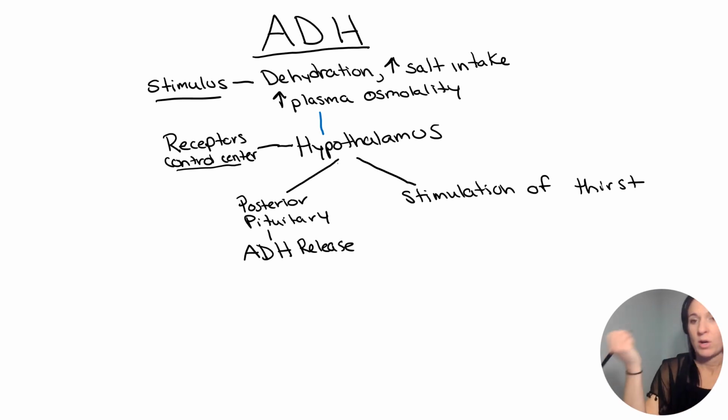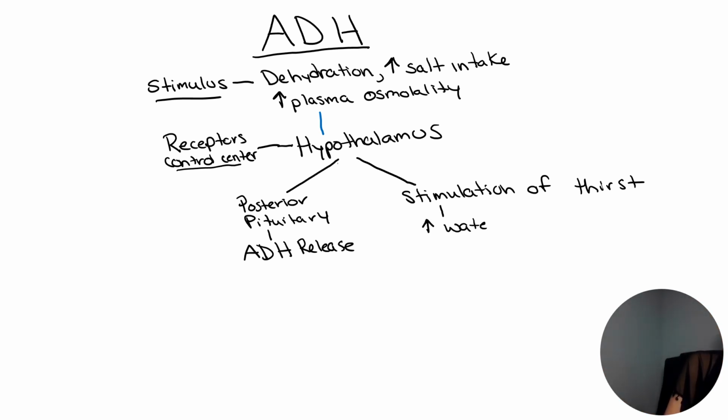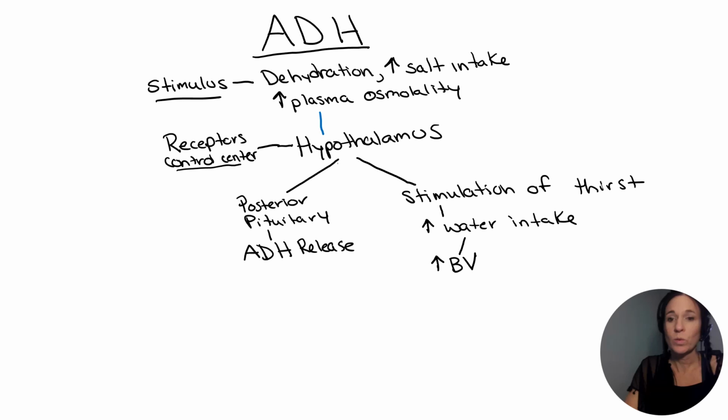So you're really thirsty, you go drink water, right? So we have an increase in water intake, which leads to an increase in blood volume. Okay, so now back to ADH release.